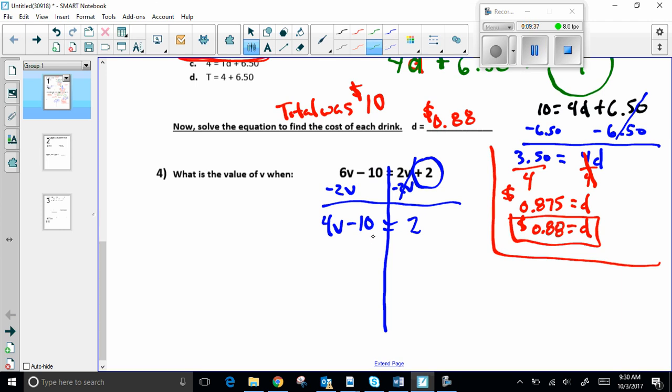From here, it's just a 2-step equation, so I'm going to add 10 on both sides. That cancels out. I get 4V is equal to 12. And then from here, you divide by 4, and V ends up equaling 3.